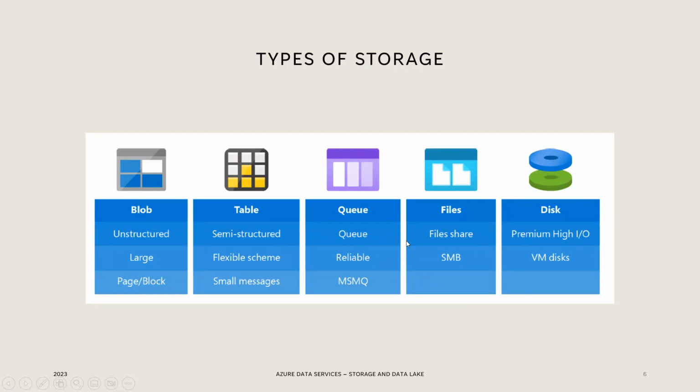Then you have queue. So queue is meant for you to support MSMQ protocol, right? Basically to allow you to use it for the purpose of messaging and making that available for your application.